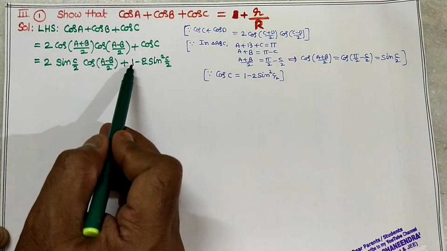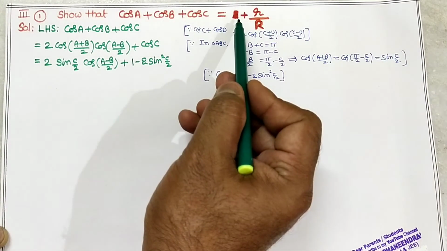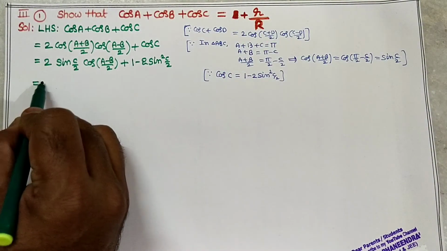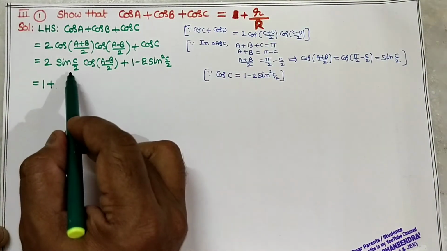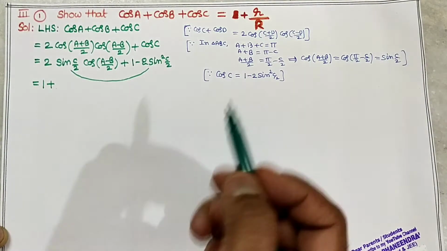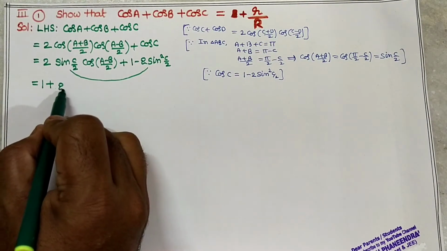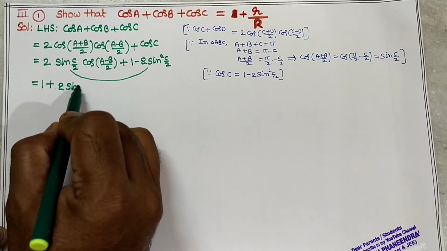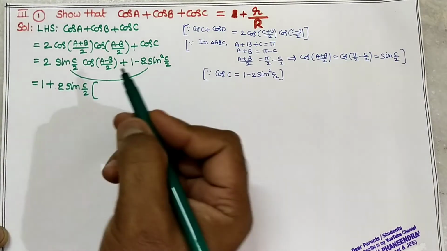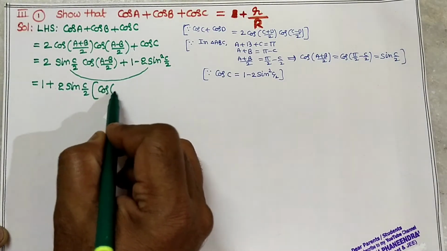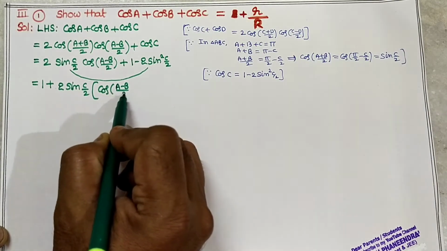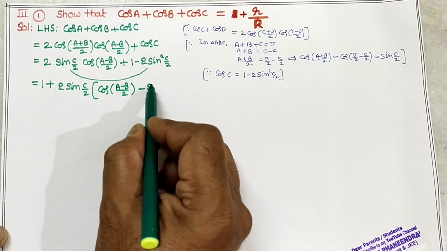After that, first you have to write 1. In the RHS 1 is there, no? So first you write 1 plus, from these two we are taking common 2 sin C by 2. So if we take 2 sin C by 2 out as common, the rest of the terms are cos of (A minus B) by 2 minus sin C by 2.